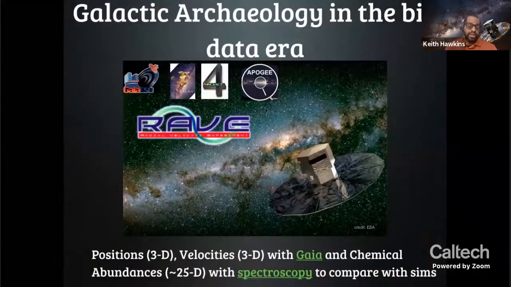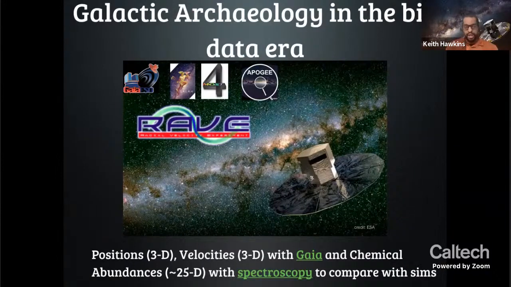One of the things that I like to tell students in terms of answering these questions and getting involved in galactic archaeology now is that we're in this really wonderful period of galactic and stellar science, partly and largely because of these large spectroscopic and astrometric missions that are going on now, that are producing very high quantities of very precise data for the positions, velocities, and chemical abundances for very large samples of stars.